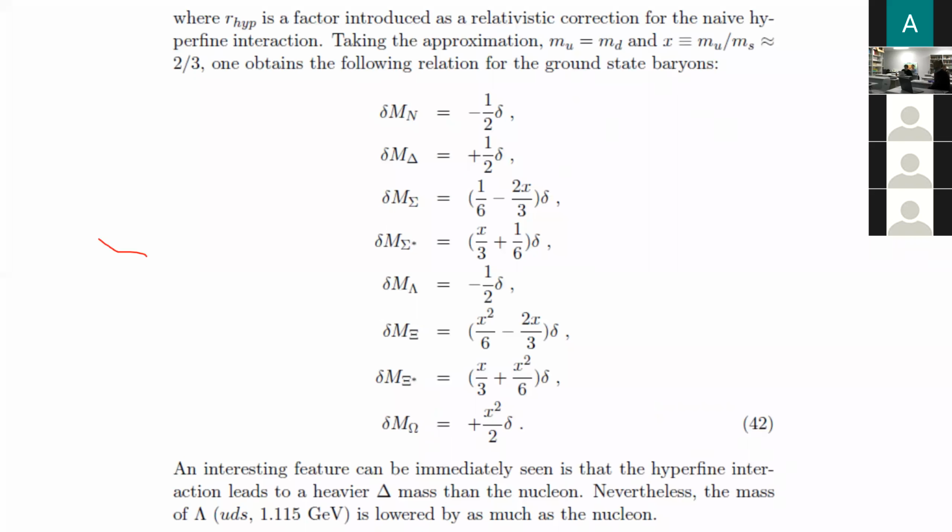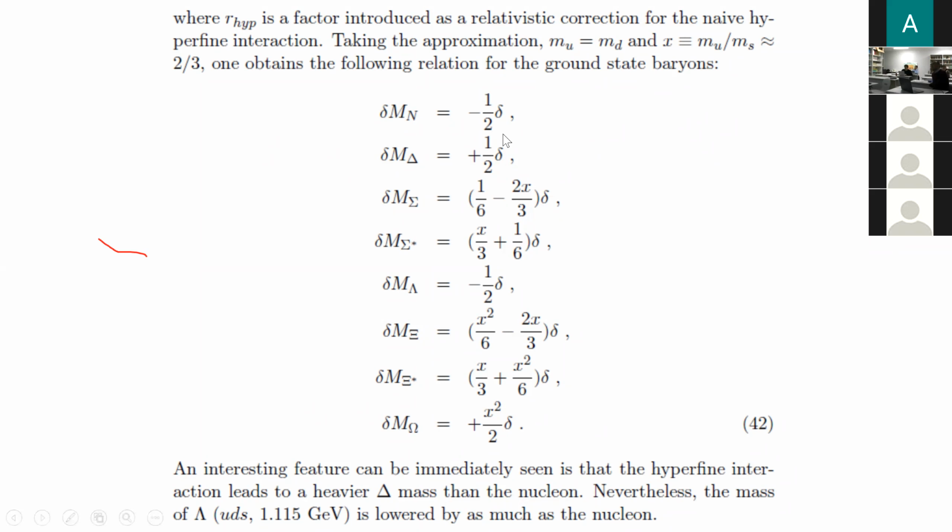So this mass splitting by introducing the angular momentum dependent or spin dependent force can give a leading order correction to the masses even for the ground state.